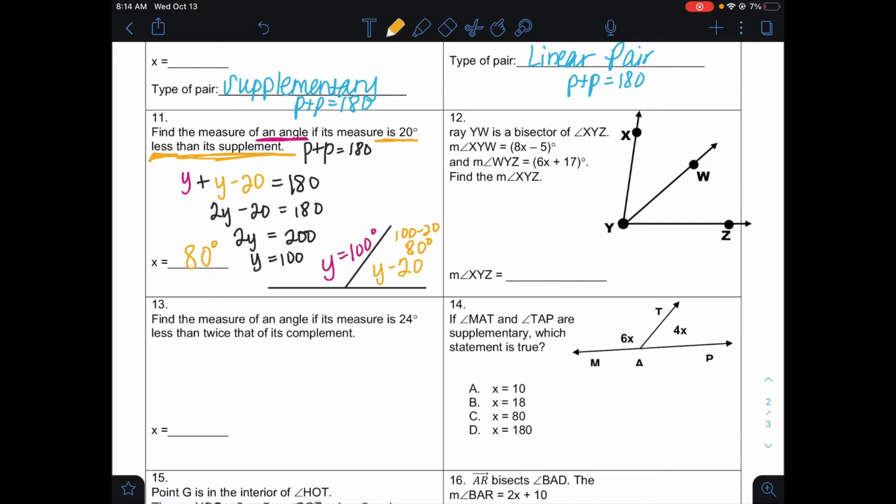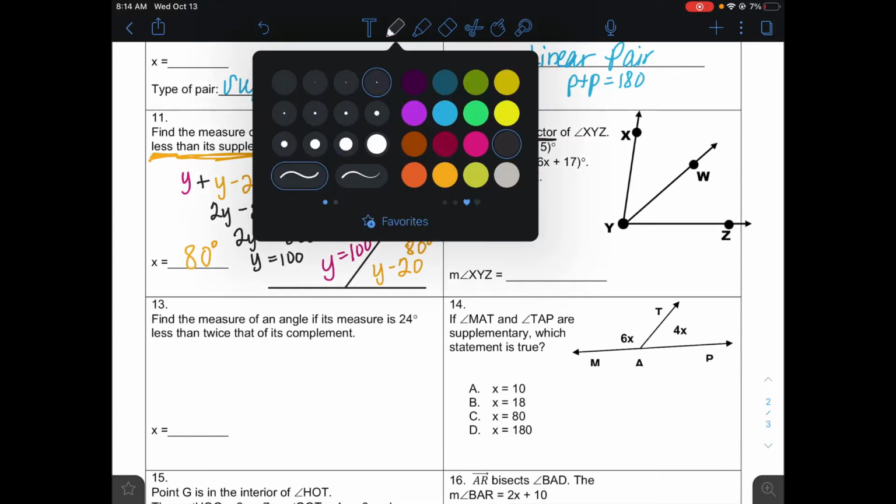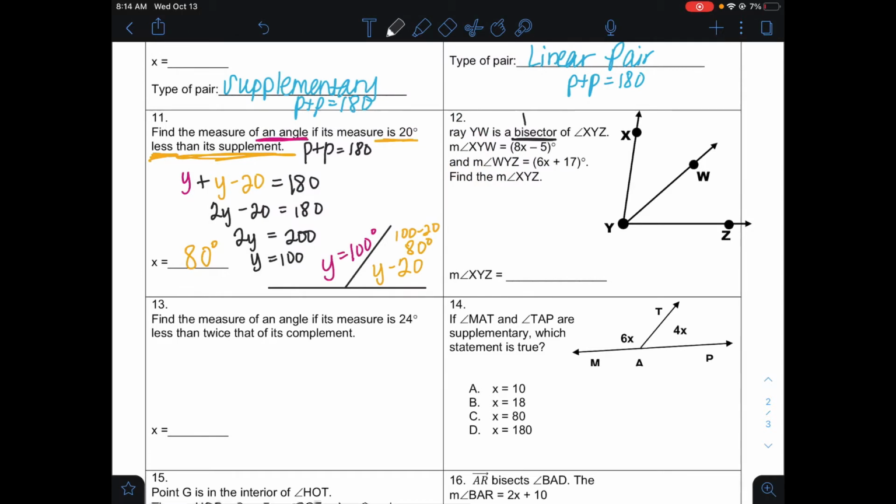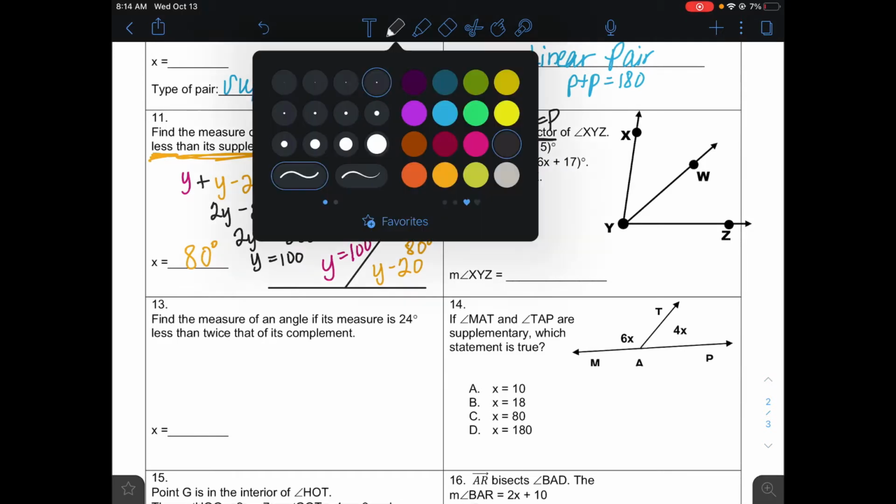Number 12. Ray YW is a bisector of XYZ. So that means it's cut in half. Okay. So that means this is a part equals part problem.